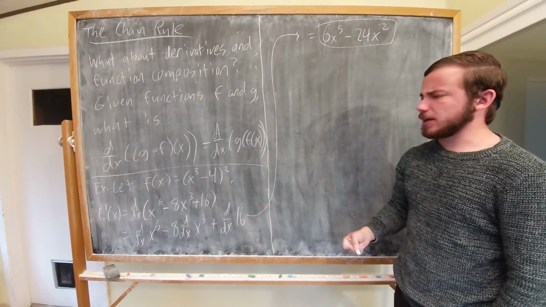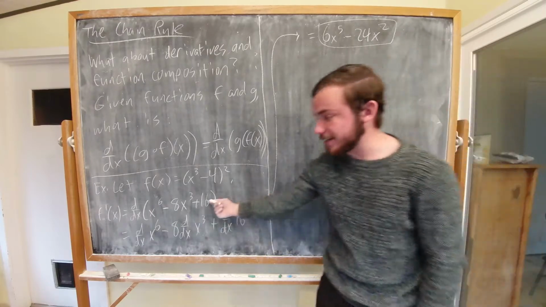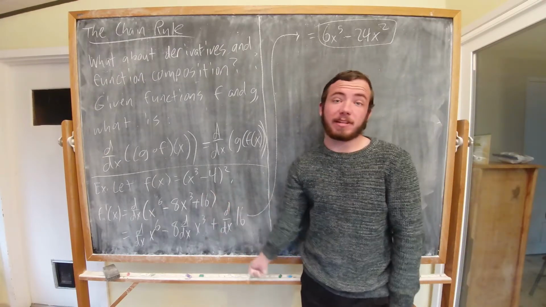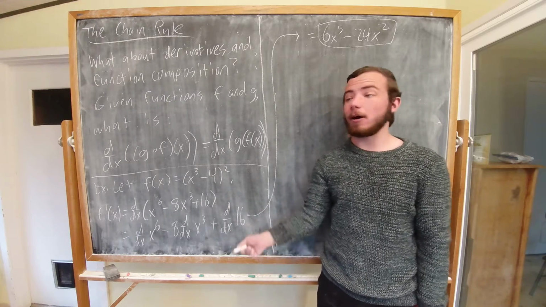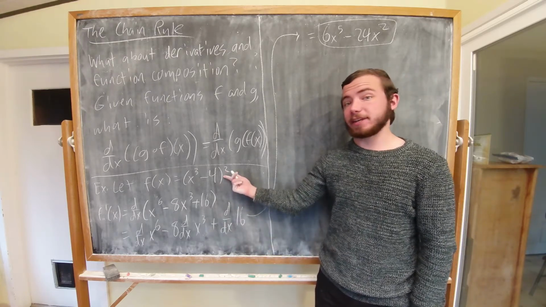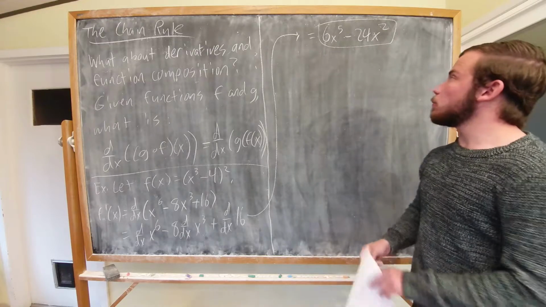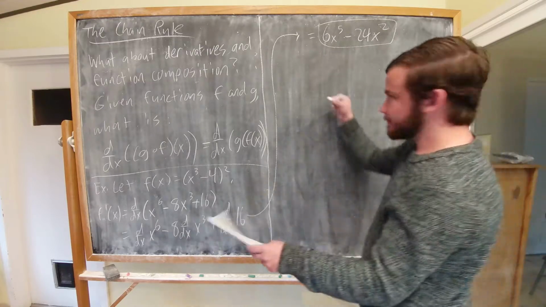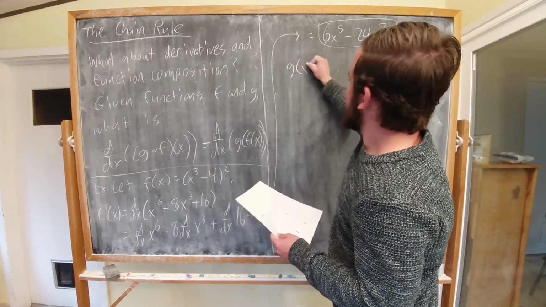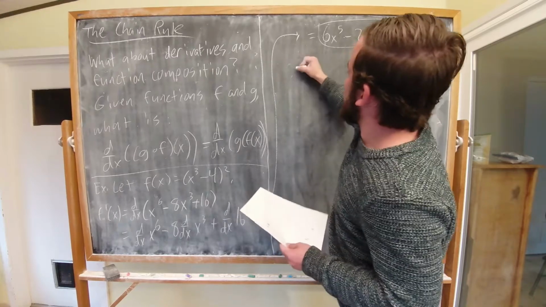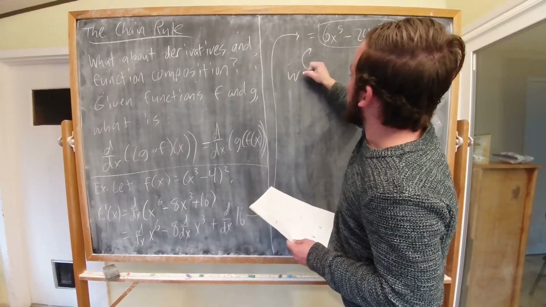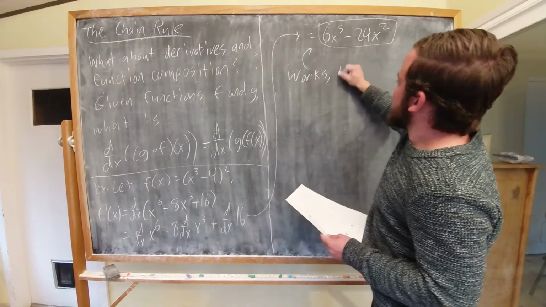Alright, so that's f prime of x. And that's all well and good. But again, I really wish I didn't have to expand out. And you might say, well, what's the big problem with expanding out? Well, it works great with something like x squared. But what about higher powers? So, works, but clunky.